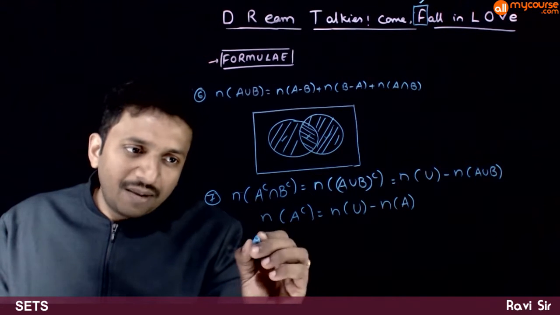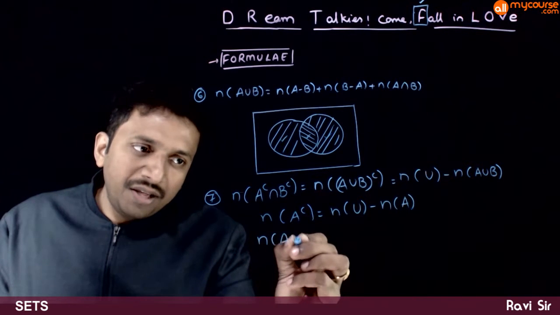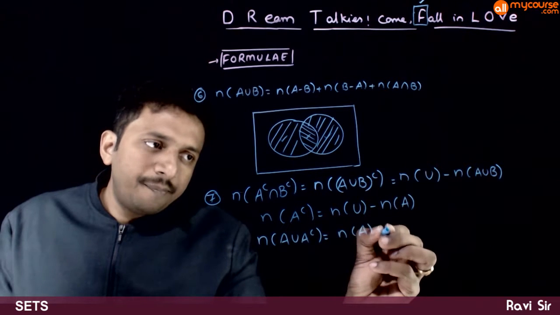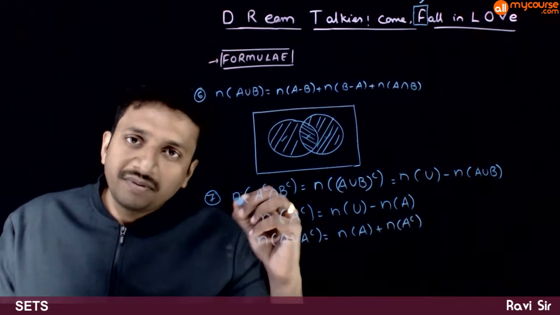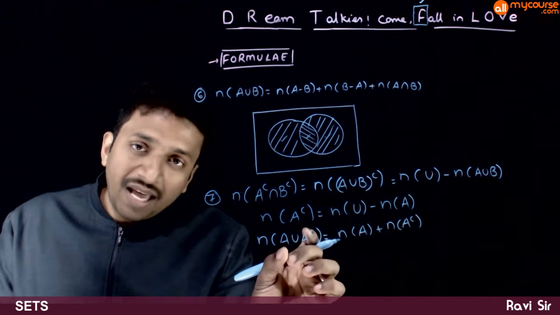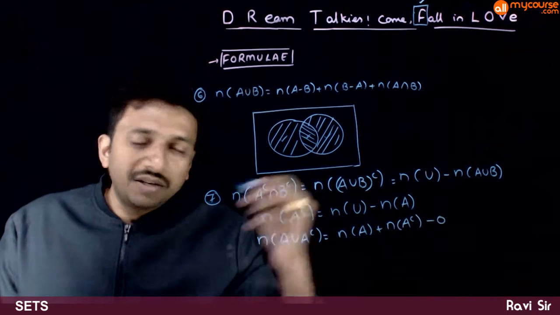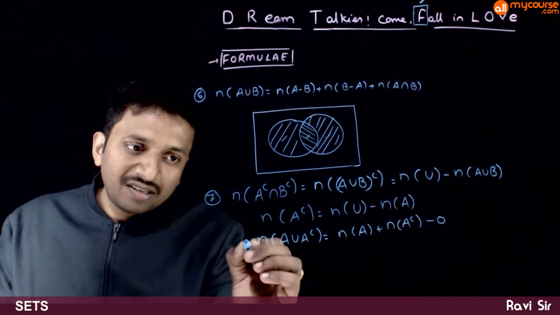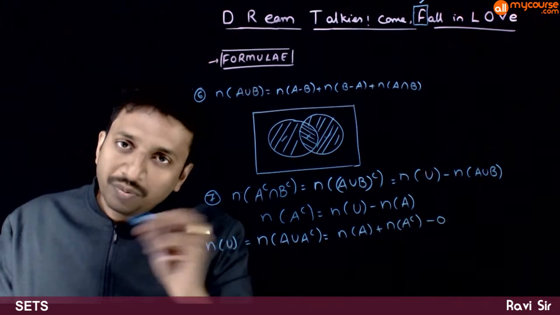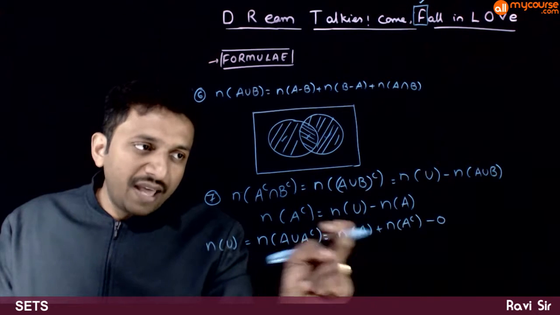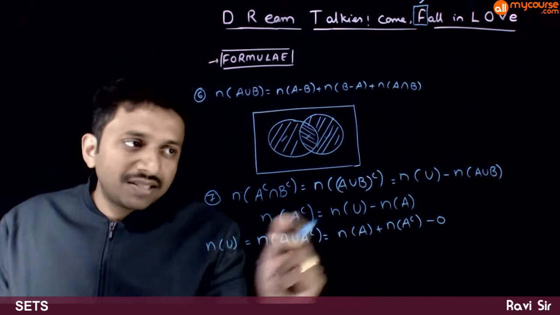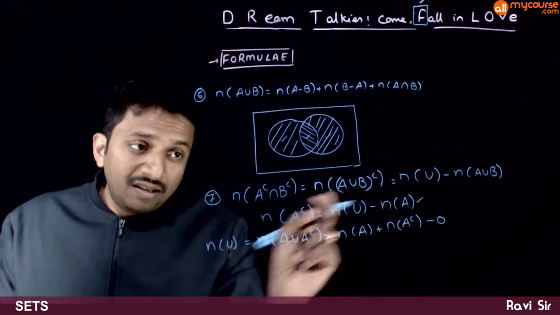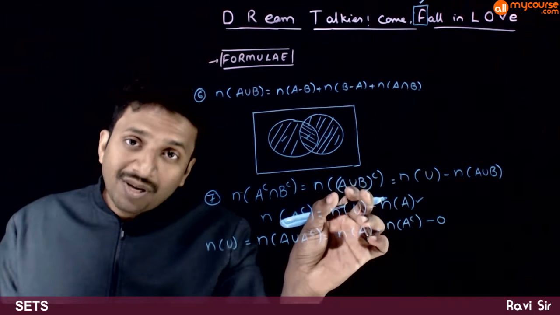This formula comes from n of A union A complement is equal to n of A plus n of A complement minus n of A intersection A complement, which is 0. So n of A plus n of A complement is n of U, right? So n of A complement can be written as n of U minus n of A. And using this, what is n of A union B whole complement?